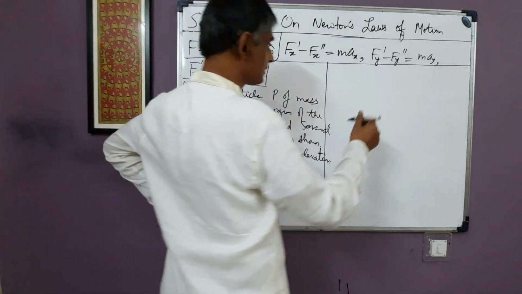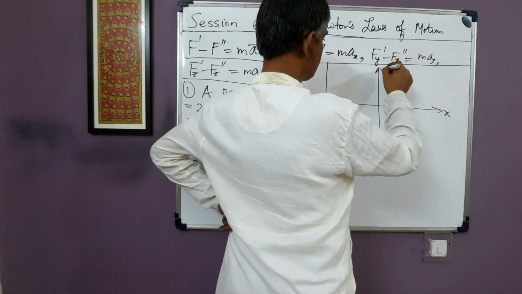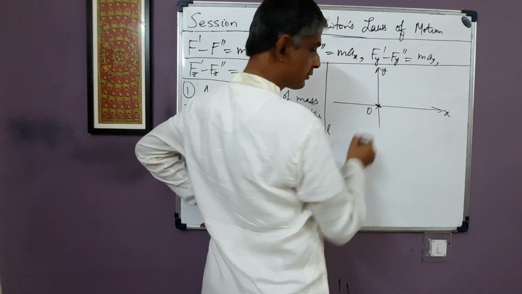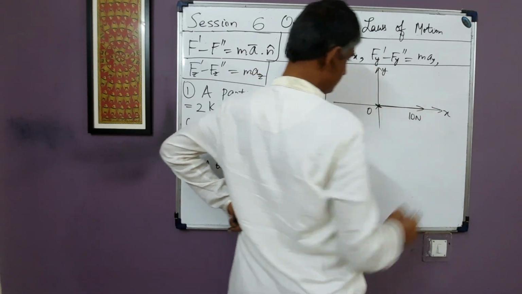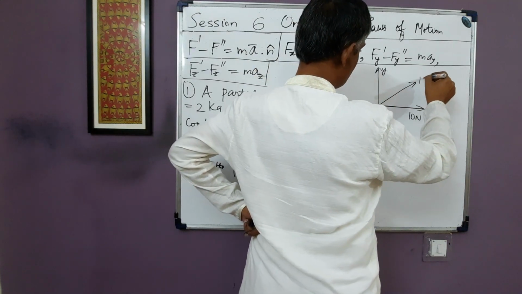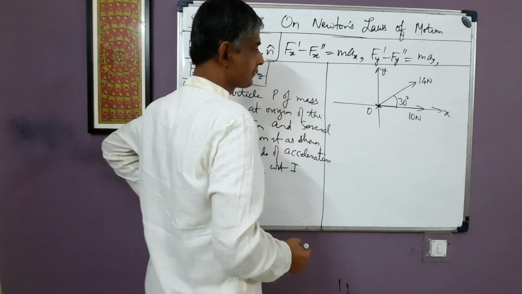So I draw the diagram here. This is the positive x-axis, this is the positive y-axis. This is the origin of the coordinate system. The particle is situated here. One force acts in this way, 10 Newton along the positive x-axis. 14 Newton acts along the 30 degree direction.